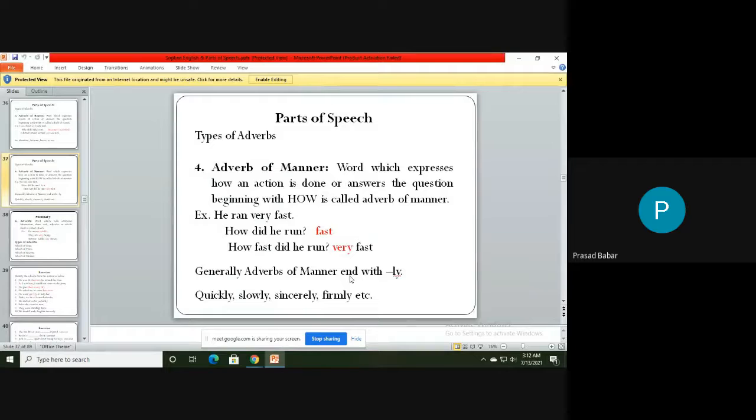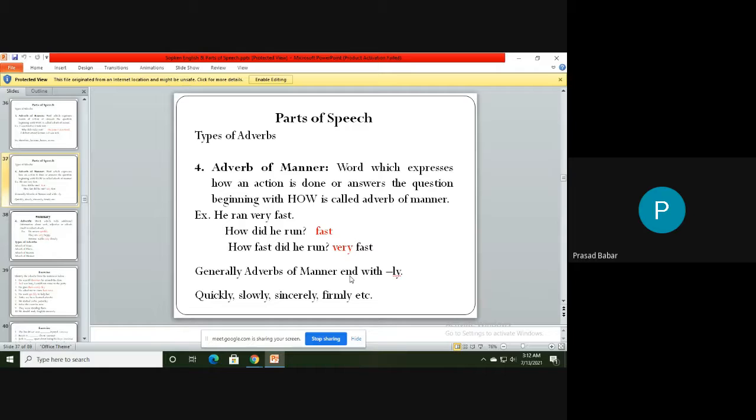If we ask how did he run to the sentence, it will give the answer fast. Okay, how did he run? Fast. So fast is the adverb of manner.